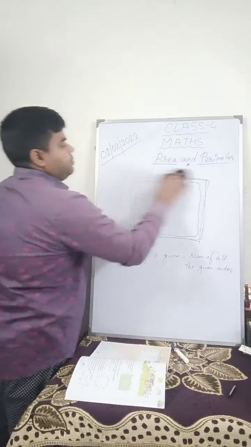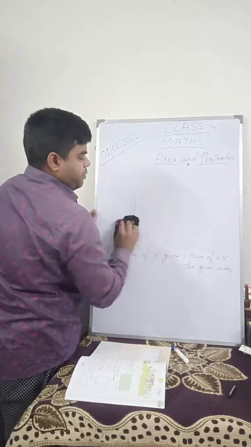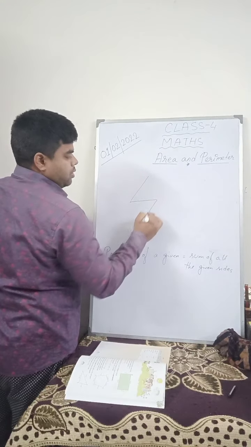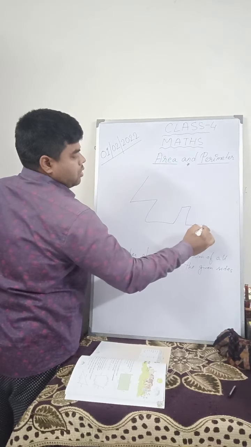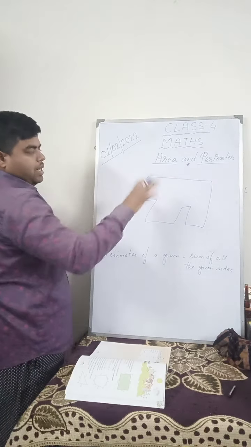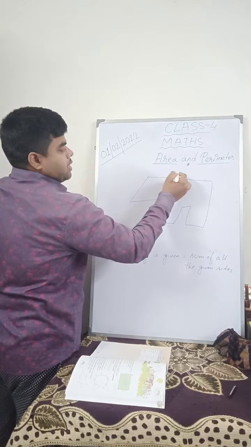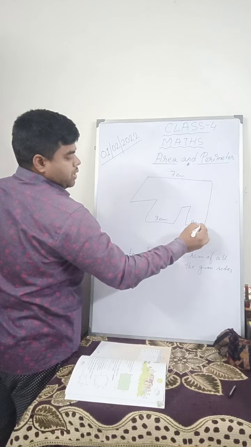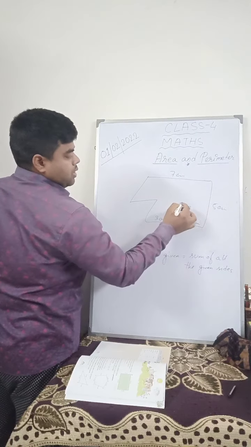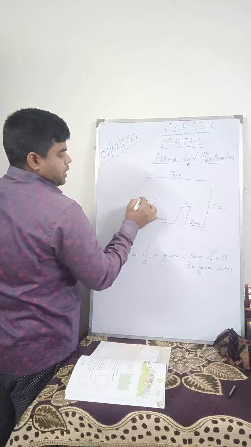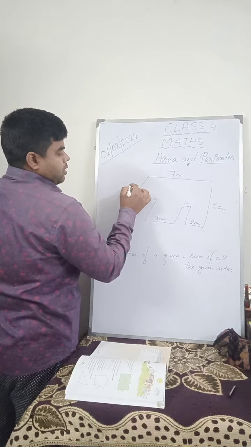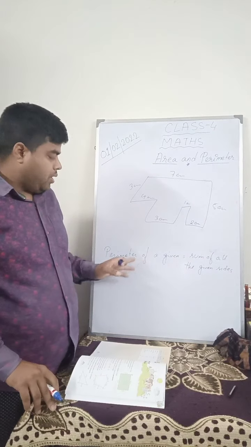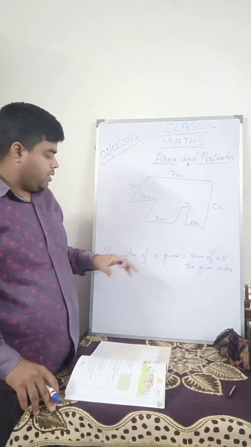For example, suppose I give you any figure and tell you to find the perimeter. Suppose this side is 7 centimeter, this is 3 centimeter, this is 2 centimeter, this is 5 centimeter, 1 centimeter, here 4 centimeter, here 3 centimeter. Suppose this is just an example.